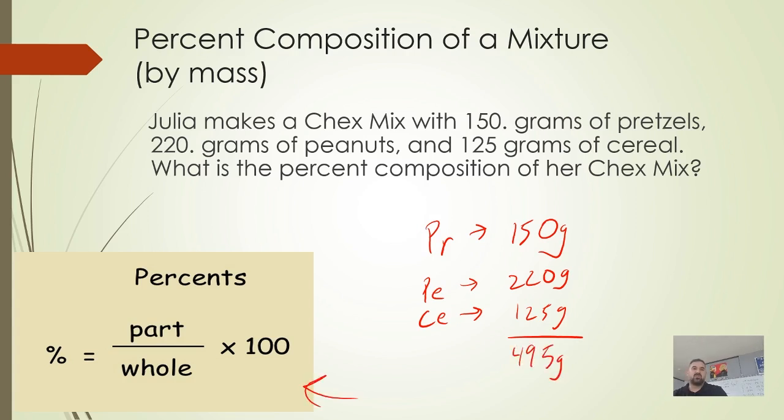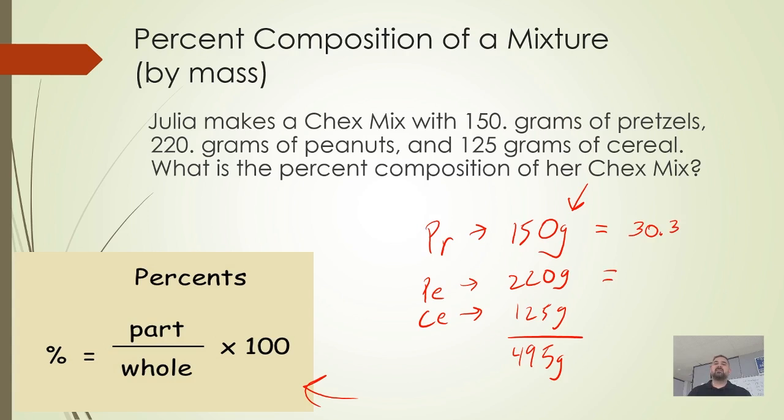And here's our equation, part divided by whole. So to figure out our percentage of pretzels, let's do 150 divided by 495, multiply by 100, and then give me my percentage. All right, 150 divided by 495. 30 point what? All right, 30.3.